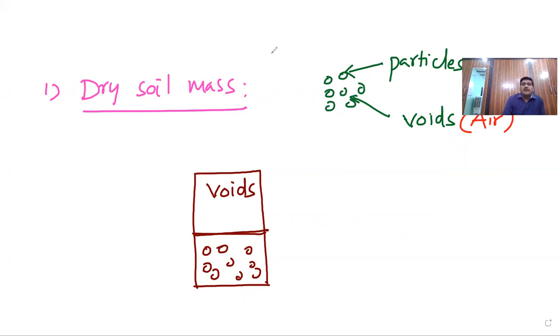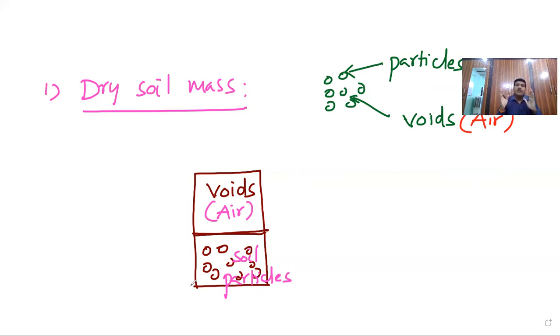And here the voids are completely occupied with air, and these are soil particles. Clear? Two things, simple representation. Soil particles being heavier, I have kept down at one place, and the voids I have separated and am keeping on top, completely filled with air. Is it clear?